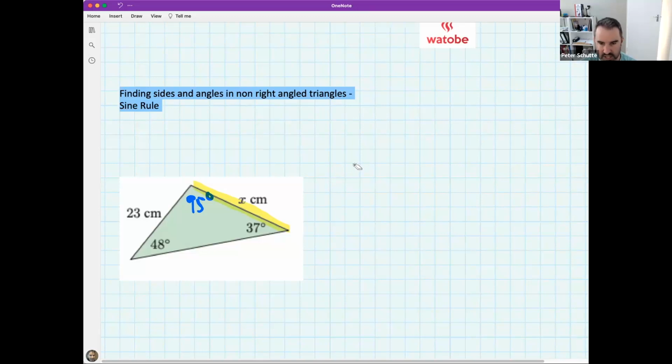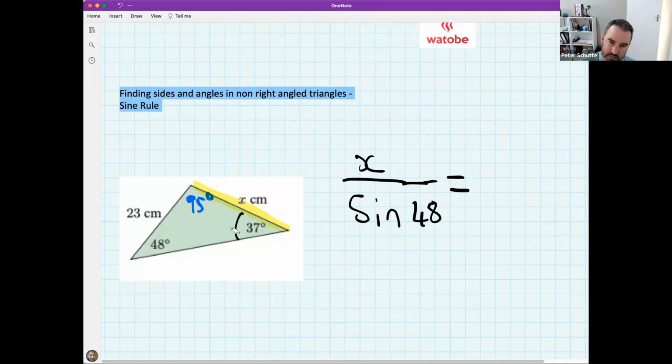The way it works, I'm not going to do the proof today, I'm just going to show you, is you start by writing down what you want to figure out, which is the x. And you divide it by the sine of the angle opposite the x. So what's opposite the x? The angle is 48. And then we need another matching pair. I think I can see a 37 and I can see a 23.